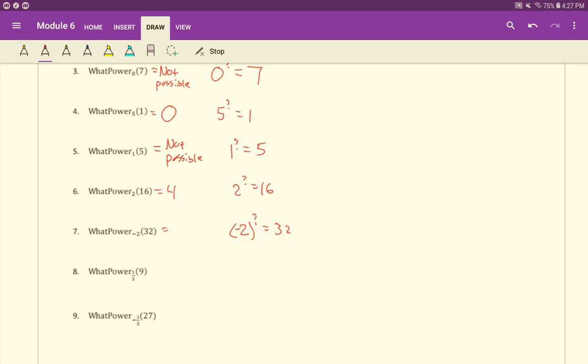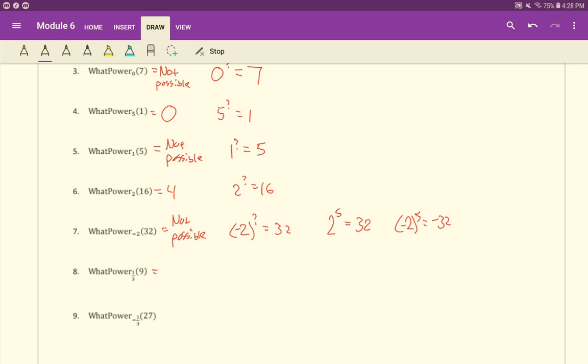Well, it's potentially possible. Let's see here. 2 to the 5th will give us 32, right? But if we do negative 2 to the 5th, that's going to be equal to negative 32. So it's not going to be possible for us to get a positive 32 here.